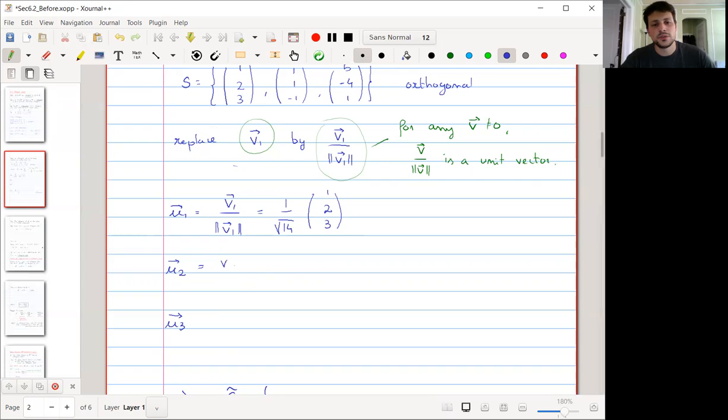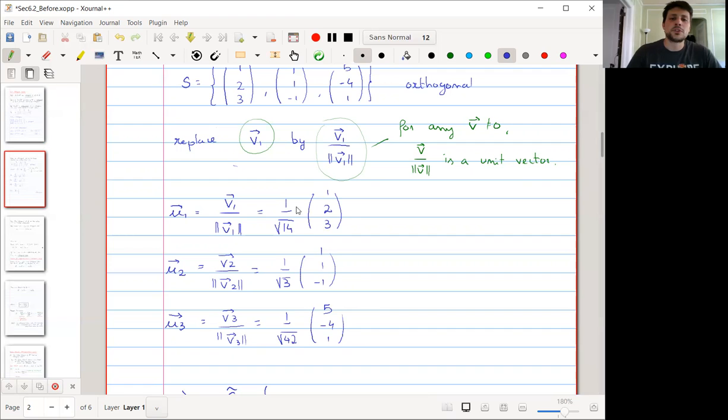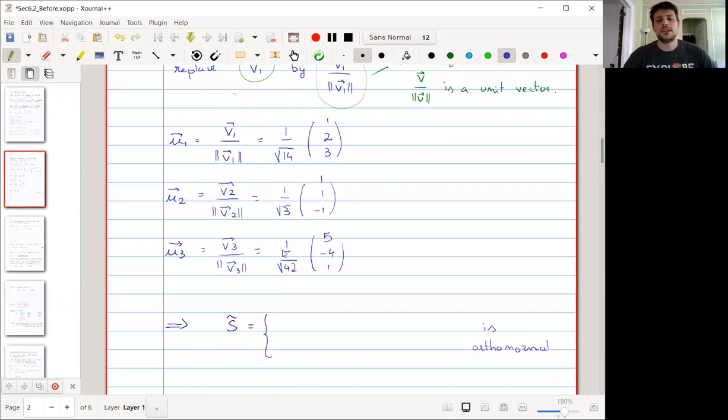u2, in a similar fashion, will be the vector v2 divided by its length, which is 1 over square root of 3, times 1, 1, minus 1, and u3 will be v3 normalized to being a unit vector, which is 1 over root of 42 times 5, -4, 1. Okay, so after doing this manipulation of dividing every vector by its norm, we get a different set, S twiddle, and I'll write its entries here.